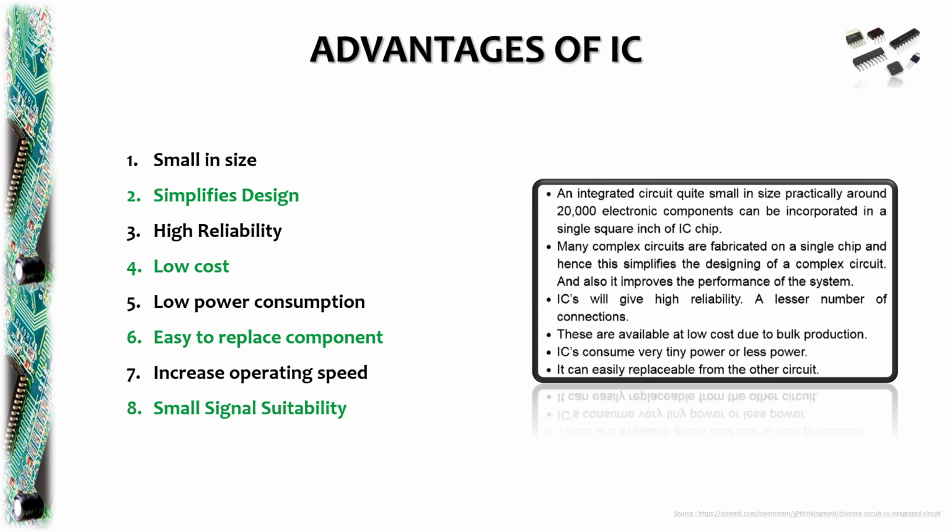These components are held close to each other, and there is no chance of stray electrical pickups, and so we can say that there is small signal suitability, right? So these are the main advantages of IC. There are 8 advantages, and it is very easy to remember, easy to understand actually, and this is a very interesting topic, right?